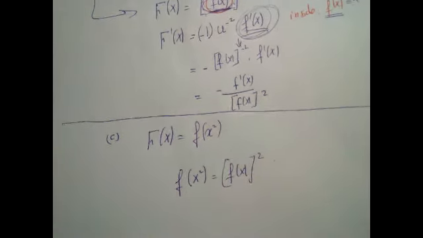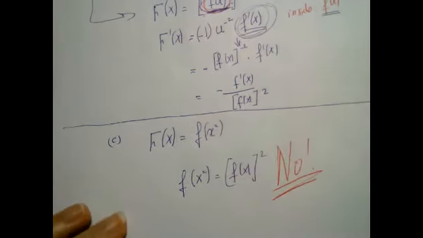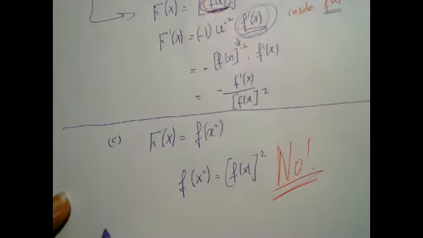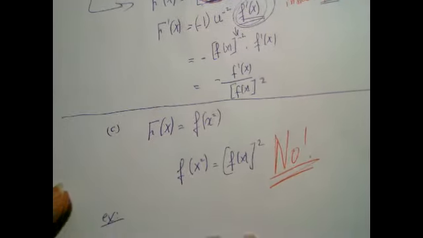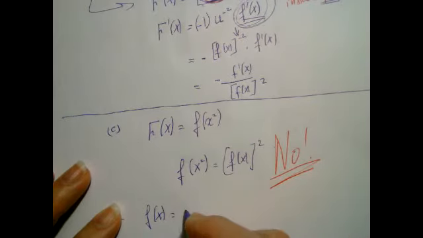Okay, now is this correct? No, absolutely no. This is not correct. I mean, take a function. So let's take an example. Suppose I take, for example, f of x to be, what's the easy one? Sine x.